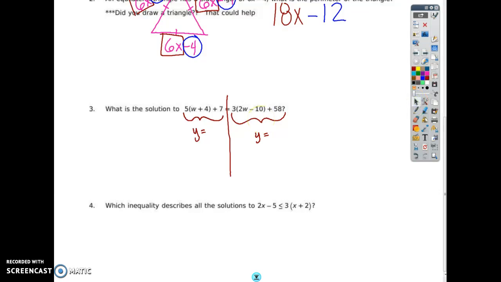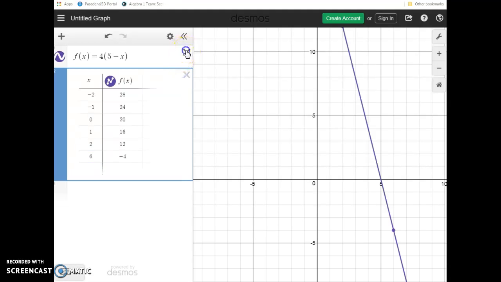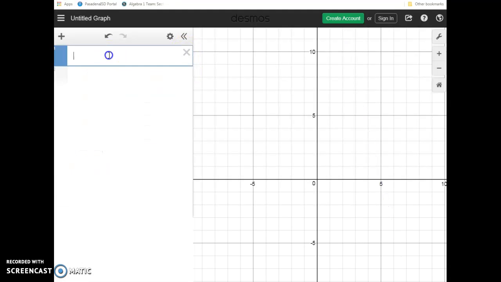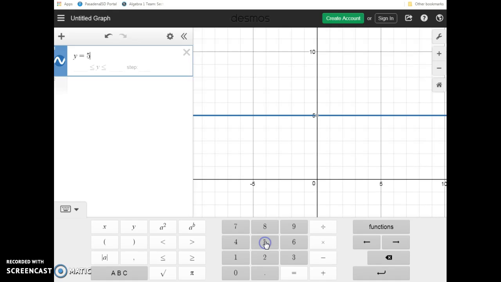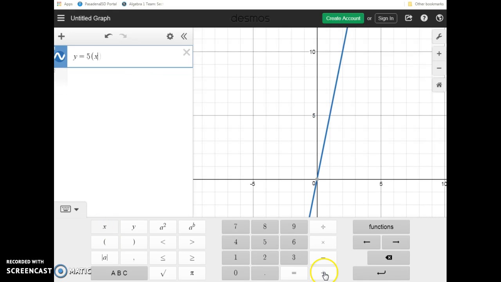Okay, so we're all going to decimals to type in our 2 equations. There's going to be 2 equations. Y equals 5, and we're using x's, not w's, so 5(x plus 4) plus 7.